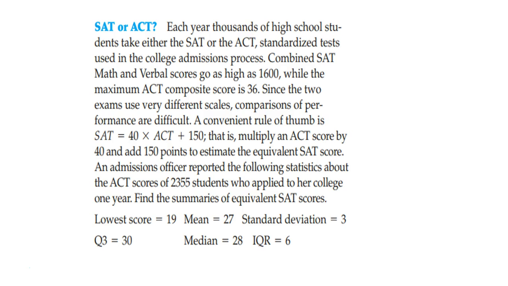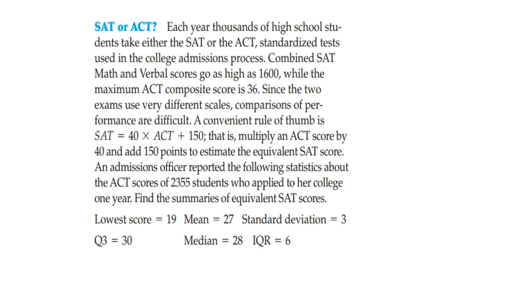A convenient rule of thumb is the SAT equals 40 times the ACT plus 150. That is, multiply an ACT score by 40, then add 150 to estimate the equivalent, to kind of compare the two, I guess.